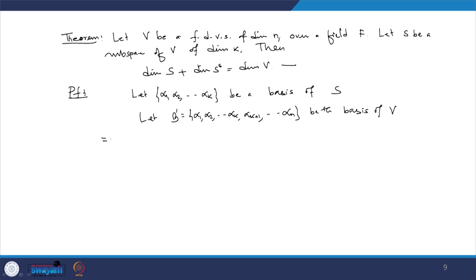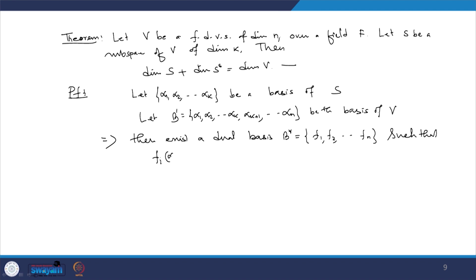So, this implies there exists a dual basis B star consisting of f1, f2, up to fn such that fi of alpha j equal to delta ij.